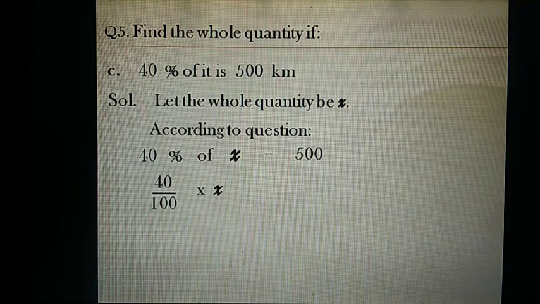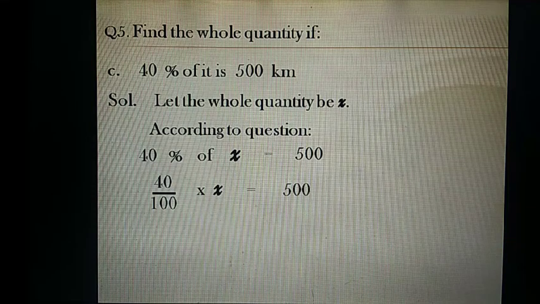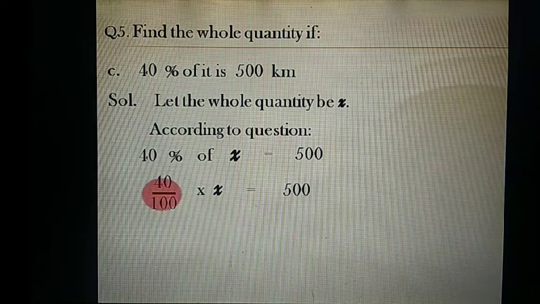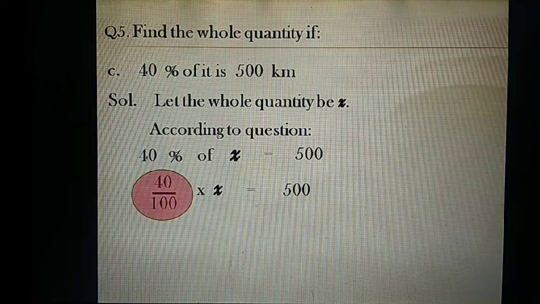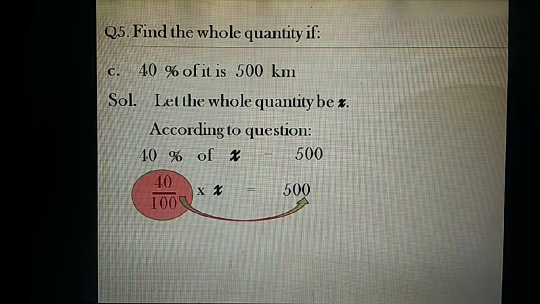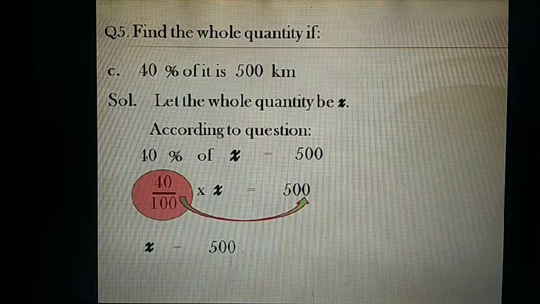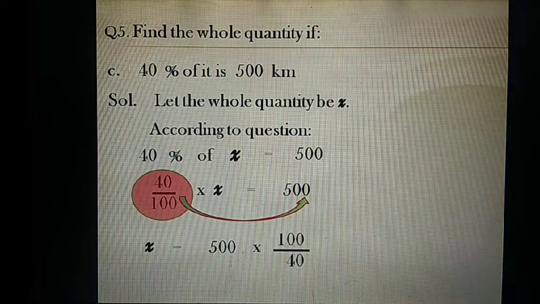Of x means into x, which will give you 500. Here we are supposed to find the value of x, means shift this fraction to the other side. Now shifting a fraction means shifting the reciprocal to the other side. So we will get x as 500 multiplied by 100 upon 40.